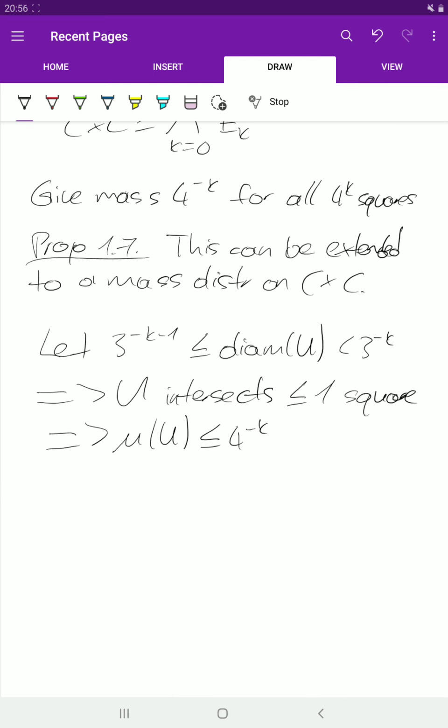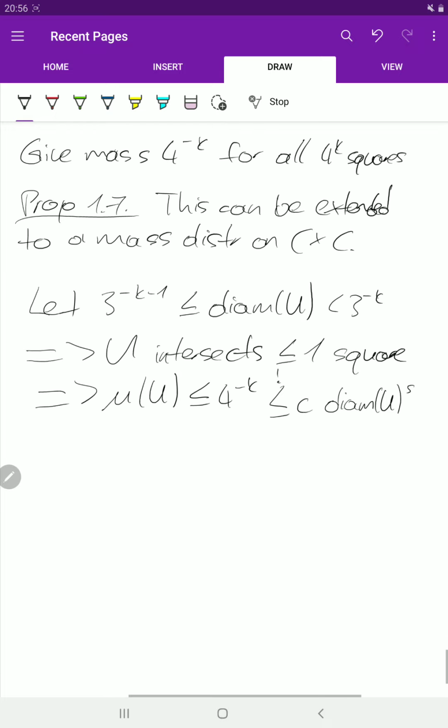Okay, and what we want to show is that this is at most c times the diameter of U to the s.